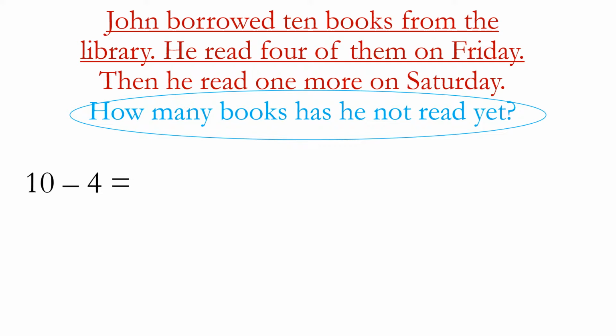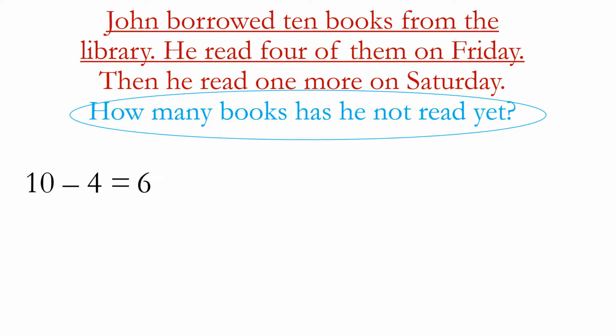Well, we're going to do the first step. We're not going to use all the numbers at once. He borrowed 10 books, and he read 4 of them. 10 minus 4 is 6. Now the second part of the problem, then he read one more on Saturday.